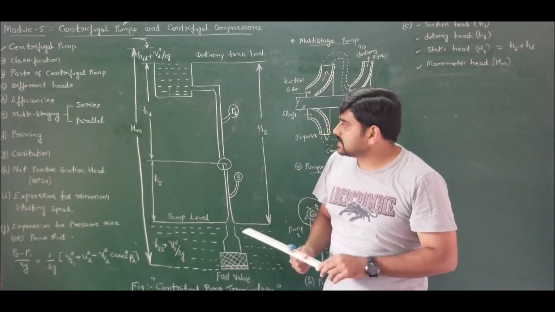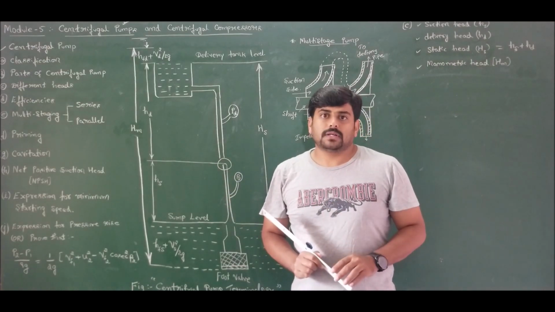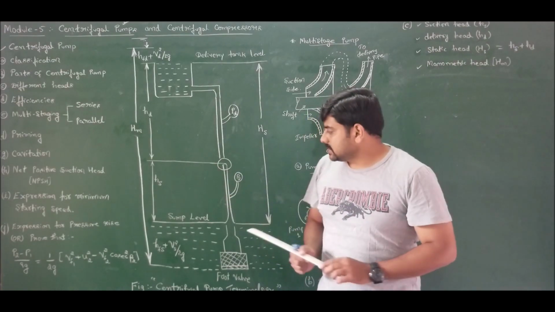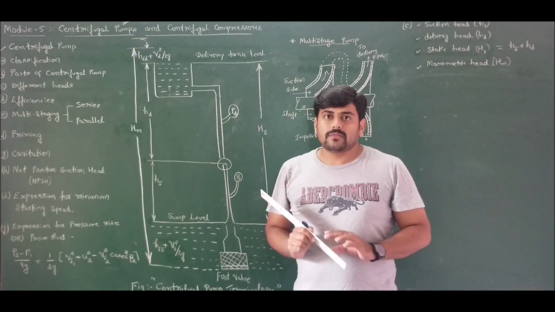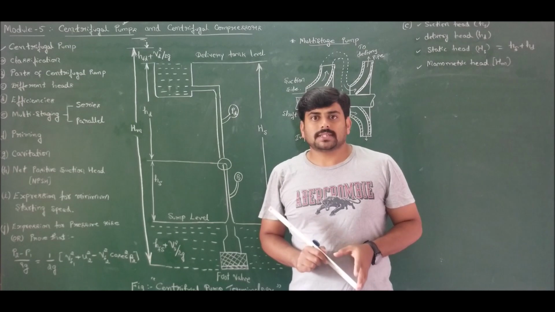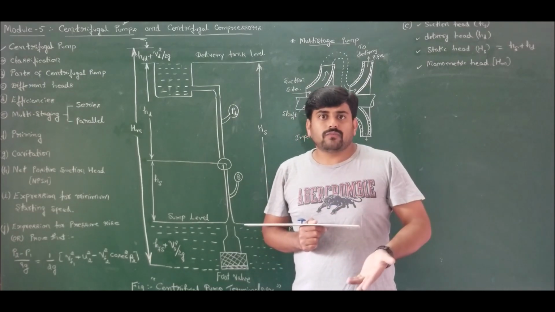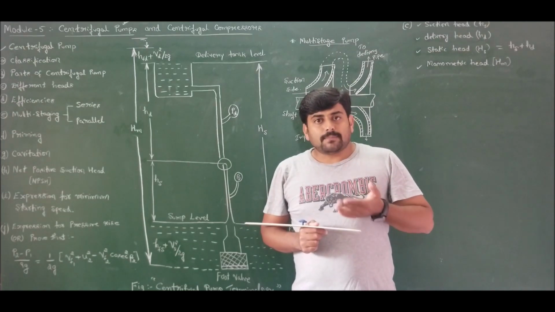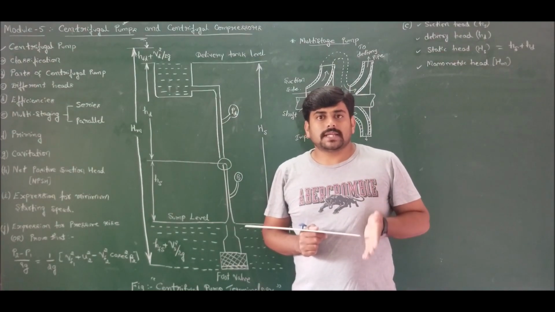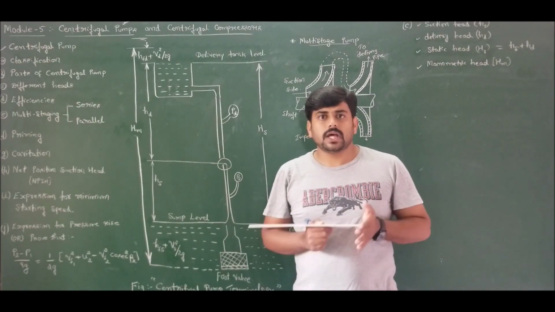Euler's head is nothing but the head imparted by the pump to the fluid. That is, it will be working from the sump to the delivery tank, where we won't consider the losses. Therefore, the head imparted by the impeller to the fluid is Euler's head. If I subtract losses from the Euler's head, I will get the manometric head. So this is the relationship between manometric head and Euler's head.